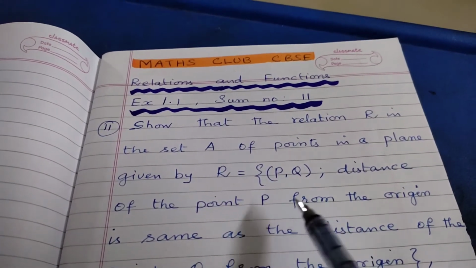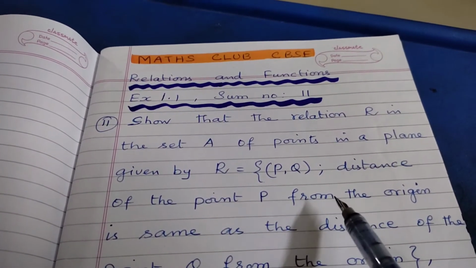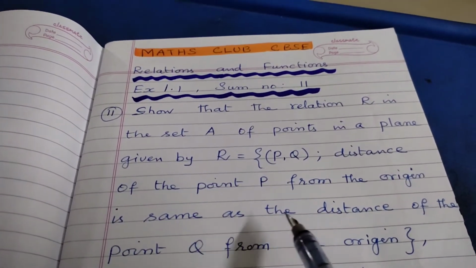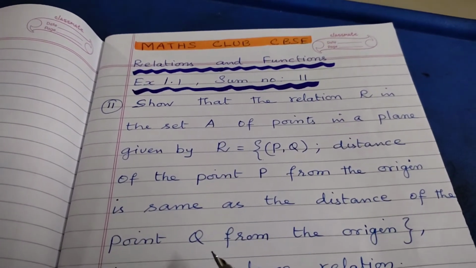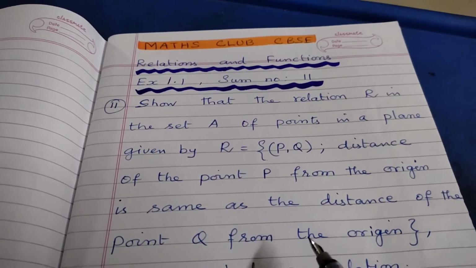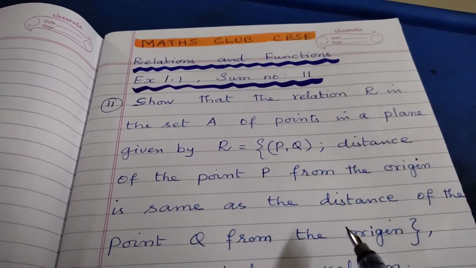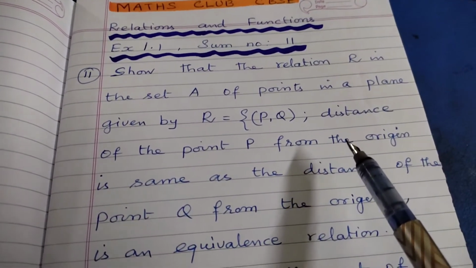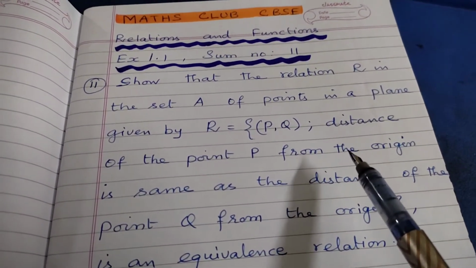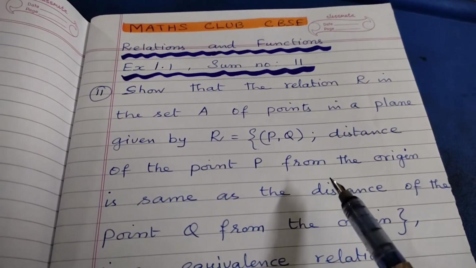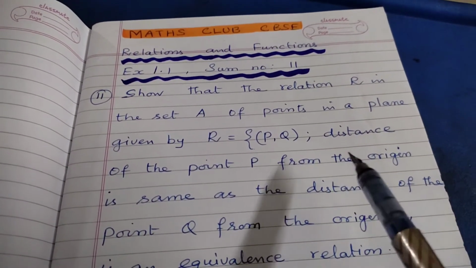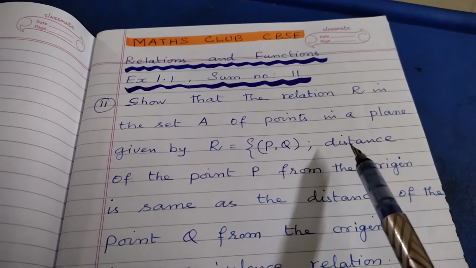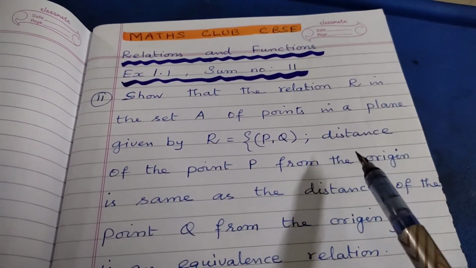Distance of the point P from the origin means OP, equal to the distance of the point Q from the origin, that is OQ. Here O is the origin. OP equal to OQ. From the given relation condition, we know that R is equal to the set of all P, Q such that OP equal to OQ, O as the origin.